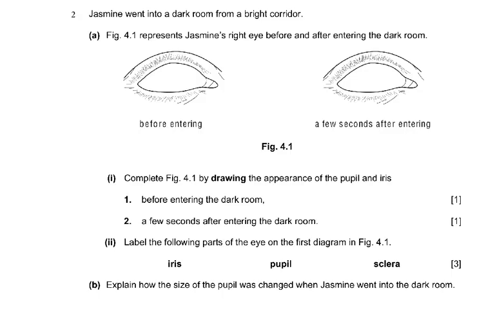Jasmine went into a dark room from a bright corridor. Figure 4.1 has the right eye before and after entering the dark room. Complete figure 4.1 by drawing the appearance of the pupil and the iris before entering the dark room, and a few seconds after entering the dark room. Label the following parts of the eye on the first diagram in figure 4.1: iris, pupil, and sclera.